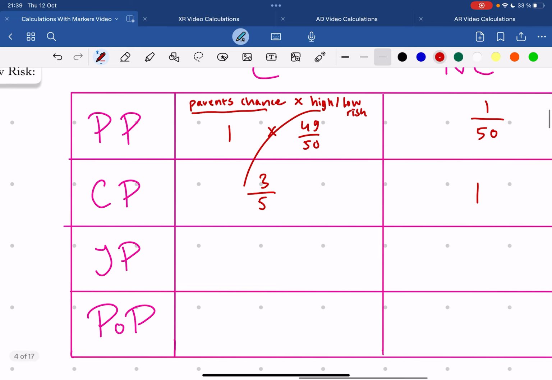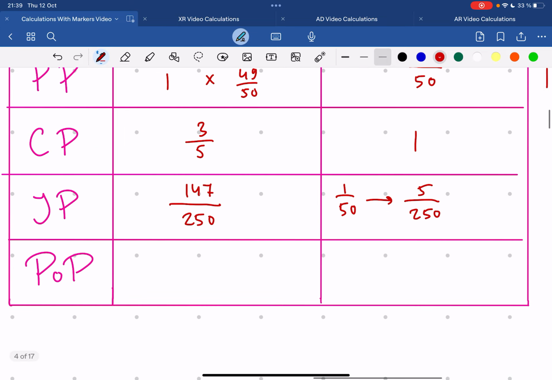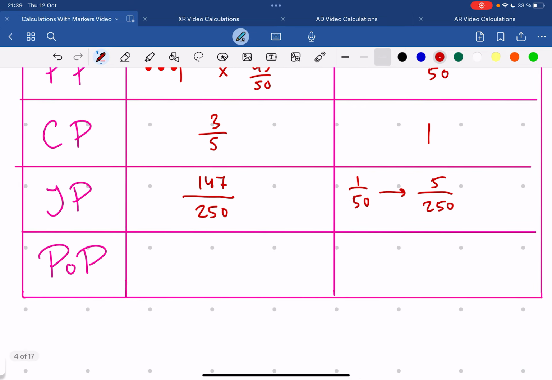For the joint probability, it's these two multiplied by one another, which would be 147 divided by 250. And here it's 1/50th, but we will rewrite it into 5 over 250. Now for the posterior probability, we'll just take the numerator up top divided by the numerator on the left plus the numerator on the right, which would be 152, I believe.